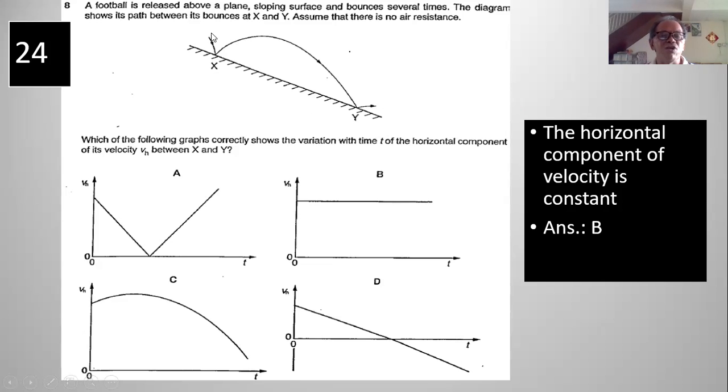But for vertical velocity, it will be highest, then decrease to 0, then increase. Except this one will be further away, because it's not the same height. It will take a longer time and the vertical speed will increase to a larger value. Same here.